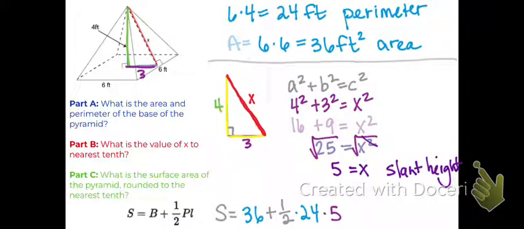So if we simplify this on the right, I'm going to multiply the 24 times the 5 to get 120, and then multiply that by 1/2 or divide by 2, and I get 60. So it's 36 plus 60. And if I add those together, I get 96. And so my surface area is 96 feet squared.